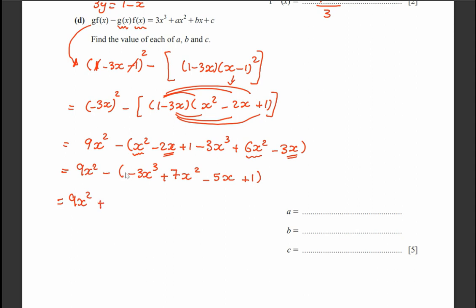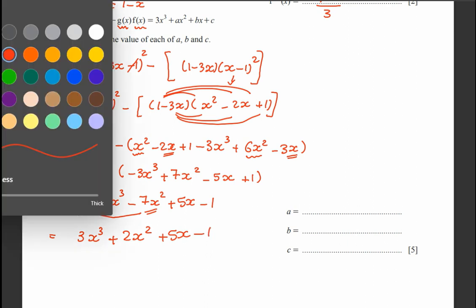Distribute the minus, negative multiplied by negative is positive: 3x cubed minus 7x squared plus 5x minus 1. Now we can see that the 9x squared and minus 7x squared can be combined, but write first the highest power: 3x cubed plus 2x squared plus 5x minus 1.